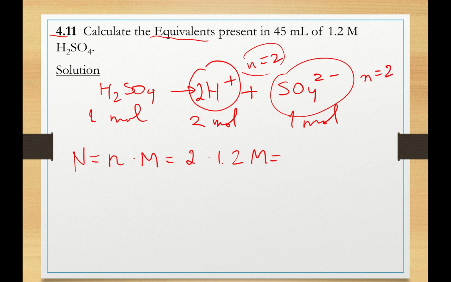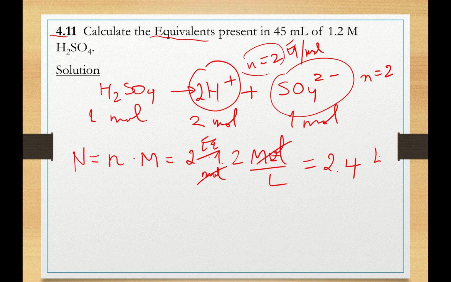So this is equivalents per mole, and this is moles per liter. So moles and moles cancel out, and you have 2.4 equivalents per liter. So normal. Okay, good.